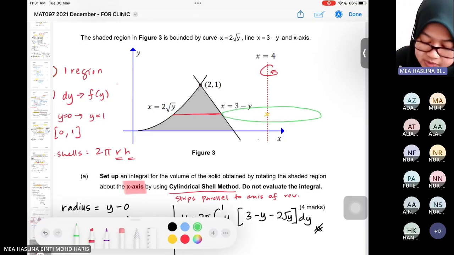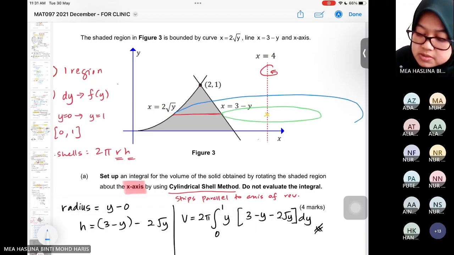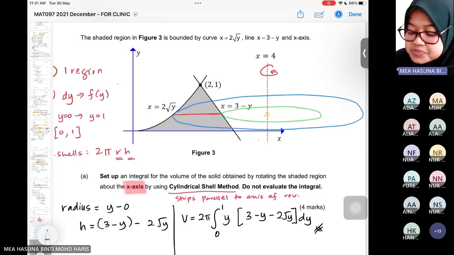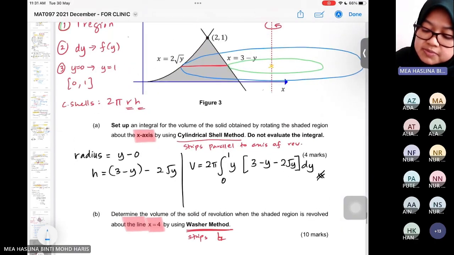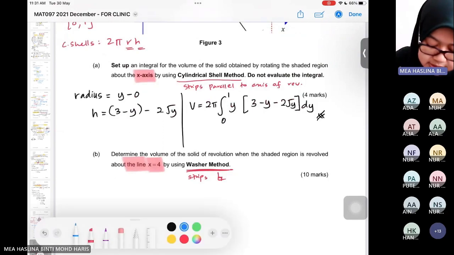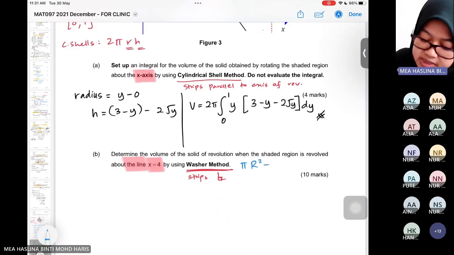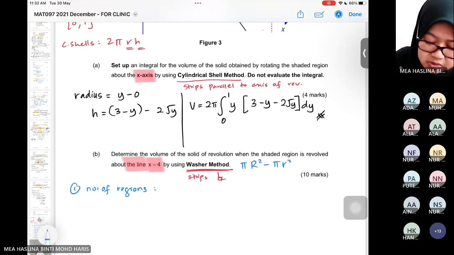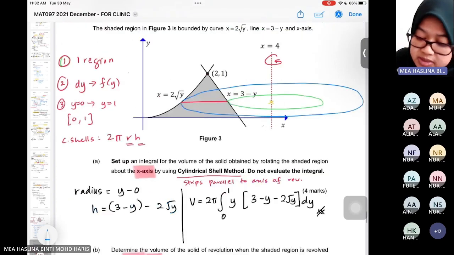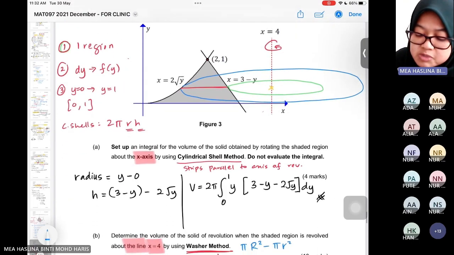this and this. So from there, for the Washer method, you recall the formula, it will be pi big R square minus pi small r square. So you determined just now the number of regions, only one. Number 2, you determine whether it is with respect to x or with respect to y.